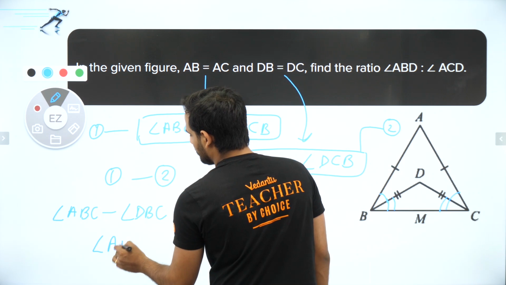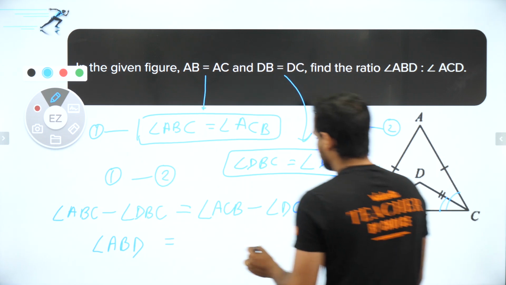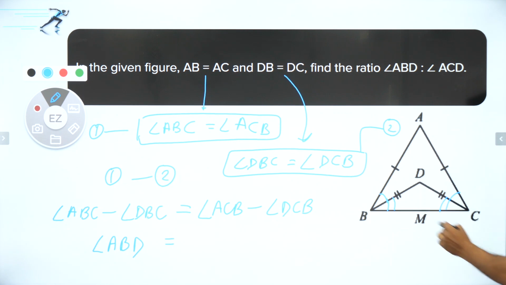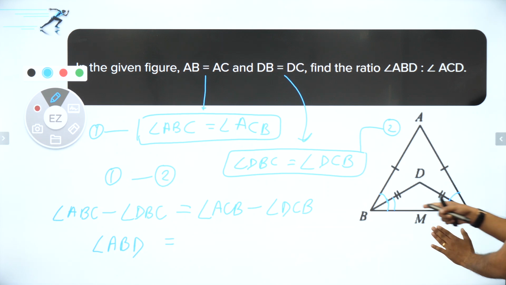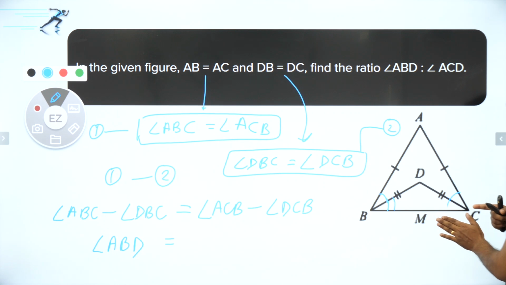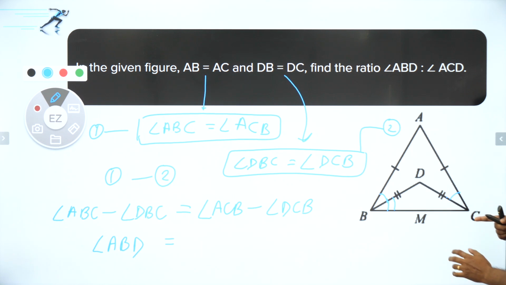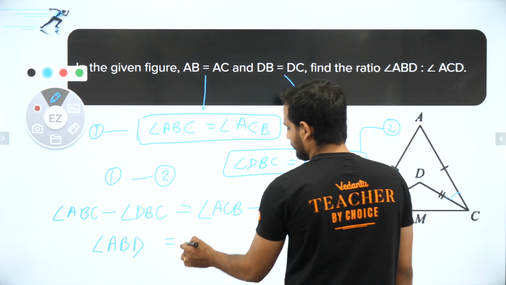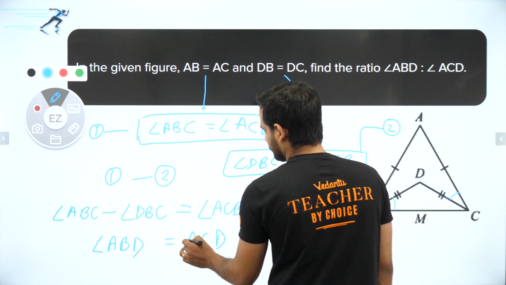So angle ABD is equal to, similarly here, angle ACB, which is this whole angle, minus DCB. If I subtract this DCB part, as you can see, it will give you only angle ACD. So angle ABD is equal to angle ACD.